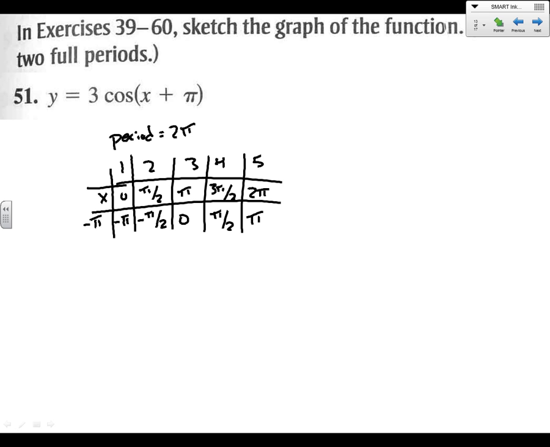My period stayed the same at 2 pi, but now we're shifted to the left by pi.